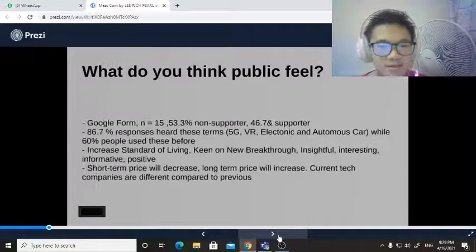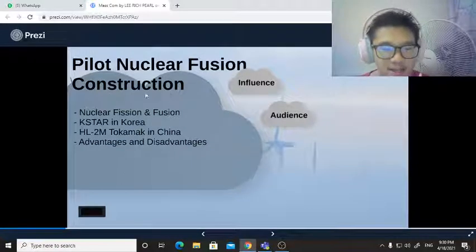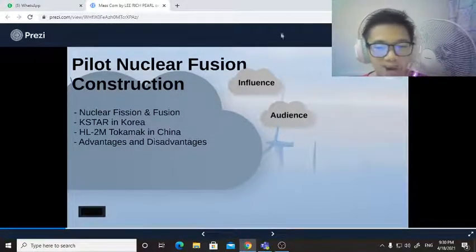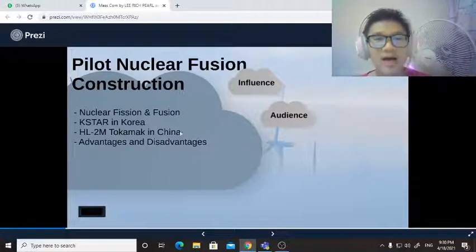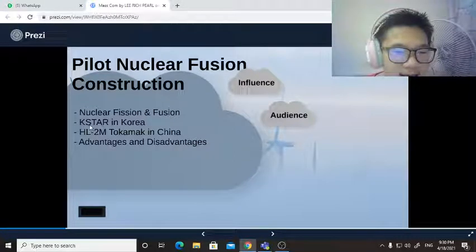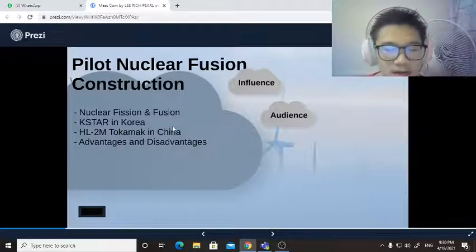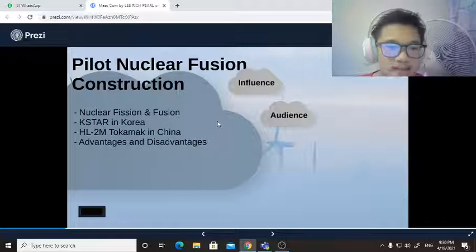The next slide is about a pilot nuclear fusion construction. Currently the whole world is chasing sustainable energy resources, and nuclear fusion is one of the choices among them. They have the K-Star in Korea, which in 2020 generated a 100 million degree temperature sustained for 20 seconds.